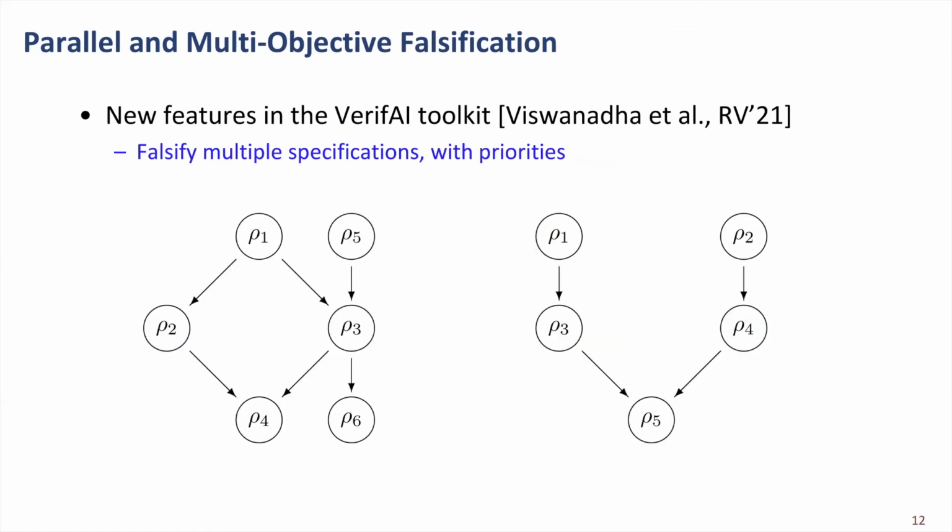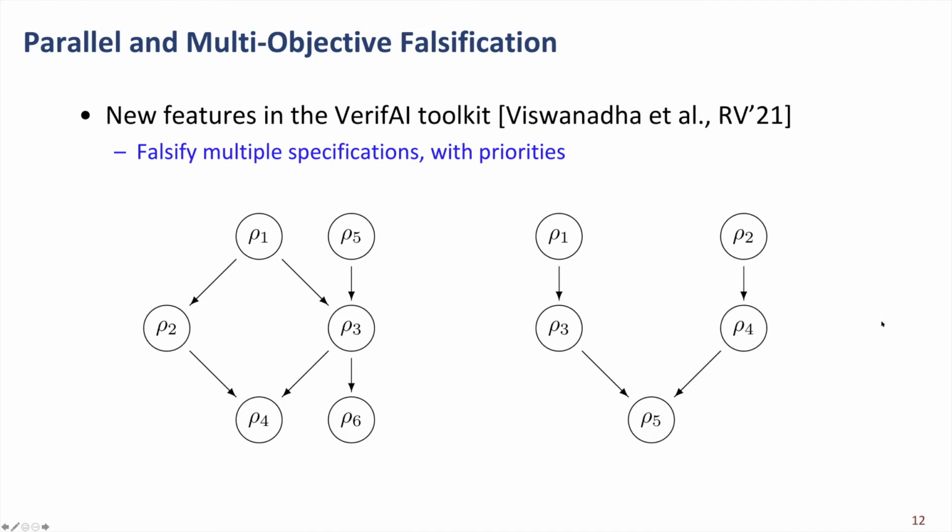We also have the ability to do multi-objective falsification. You can specify a variety of different specifications and a hierarchy, giving priorities between them. So you can say, for example, here that maybe specifications 1 and 2 are equally incomparable. One is not more important than the other, but specifications 3 and 4 are less important than they are.